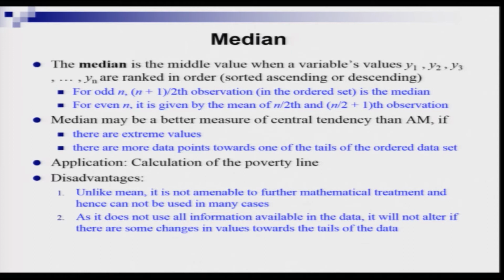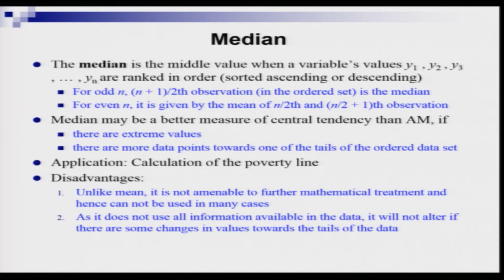So, is there any disadvantage of median? Yes, there are 2 major disadvantages of median, and these are the following. Arithmetic mean takes into account all observations while providing you a measure of central tendency or center of the distribution, right.